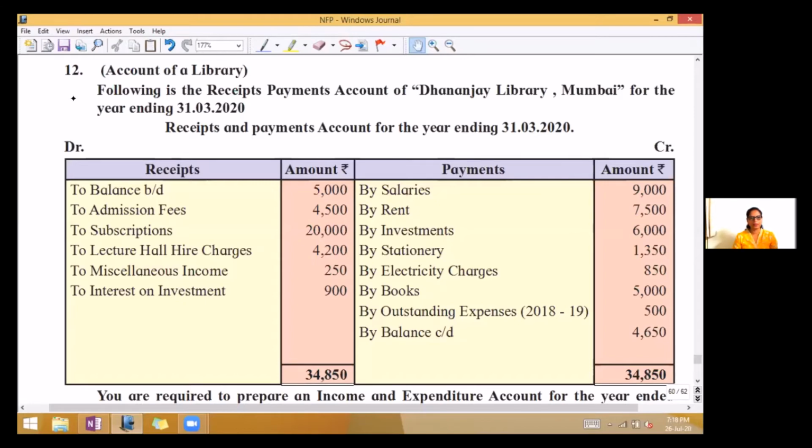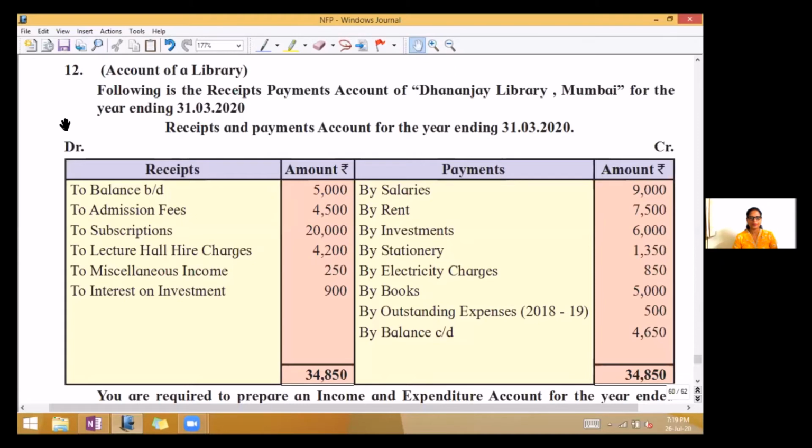Receipts and payments account for the year ending 31st March 2020. We look at the receipt side first. To balance brought down rupees 5,000. Admission fees, subscriptions, lecture hall hire charges, miscellaneous income, and interest on investment.